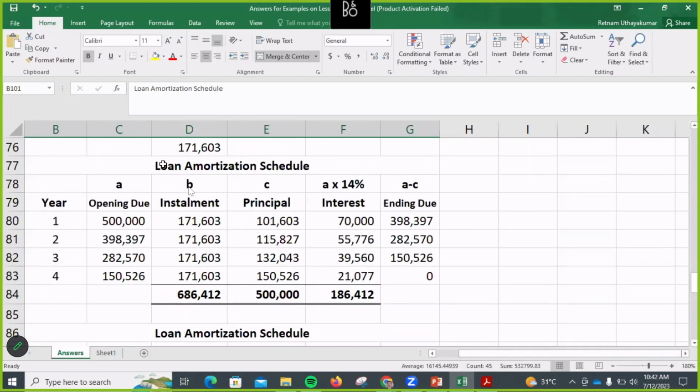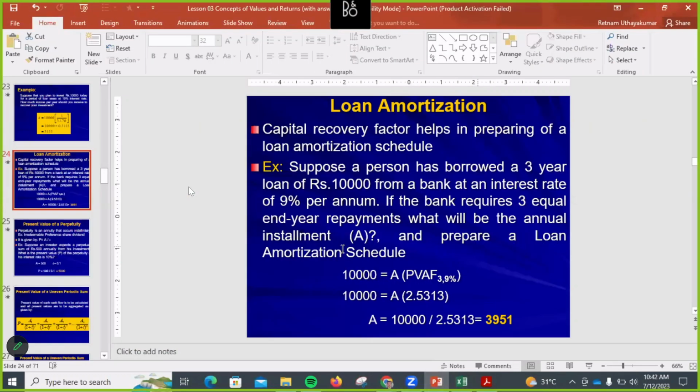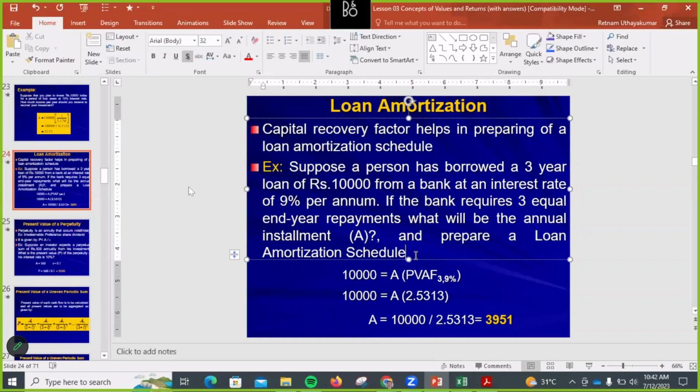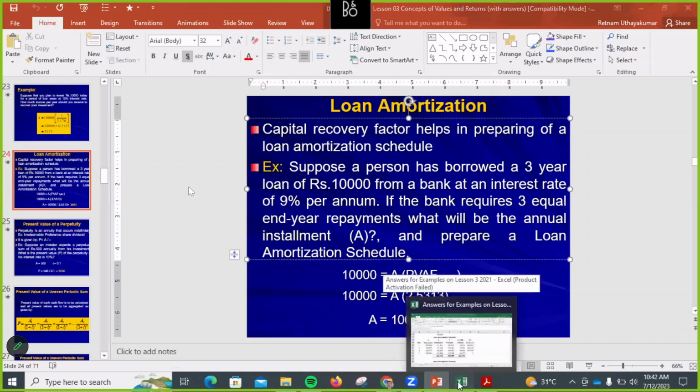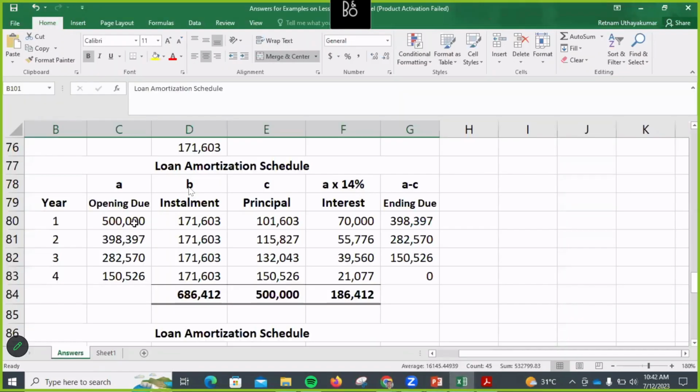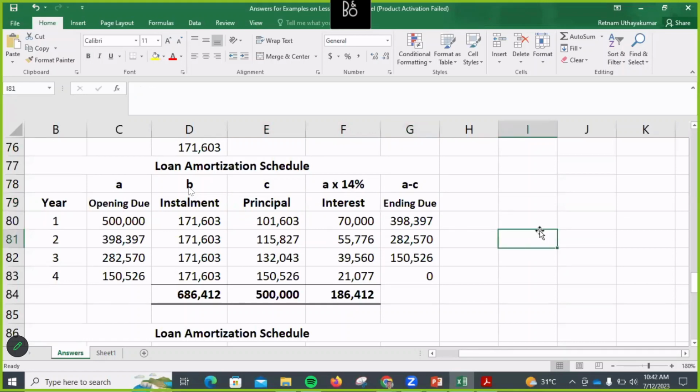So this is such kind of table. So prepare a loan amortization schedule. It should be like that: opening due, installment, principal, then the interest and ending due. All this should be calculated.